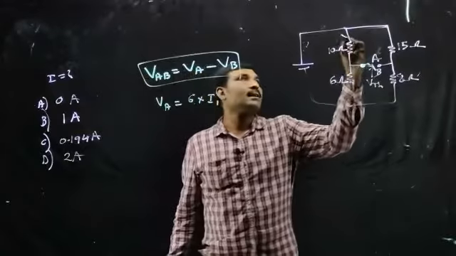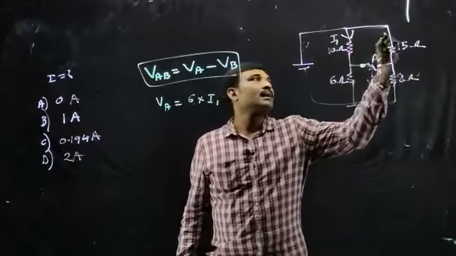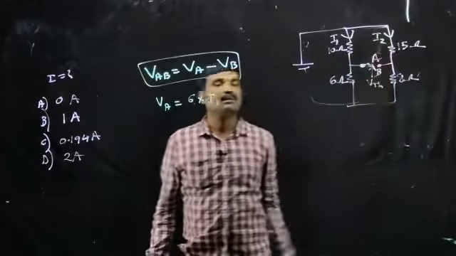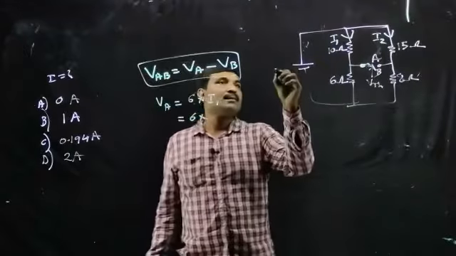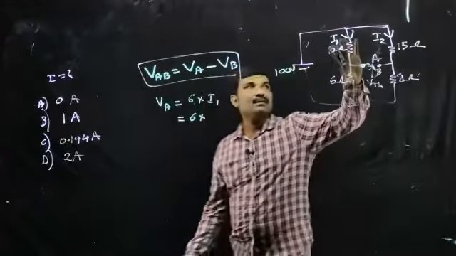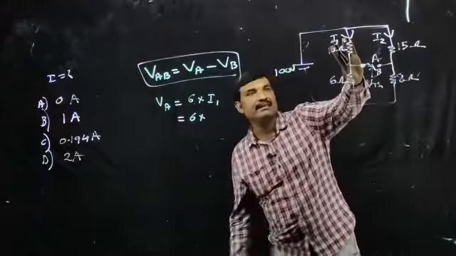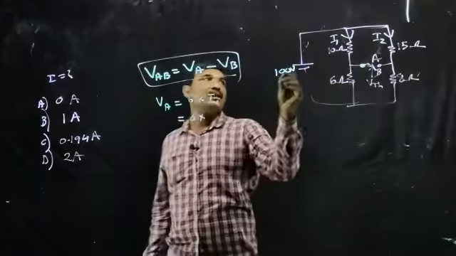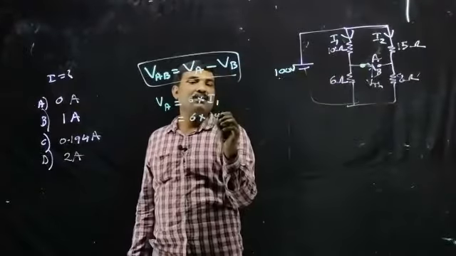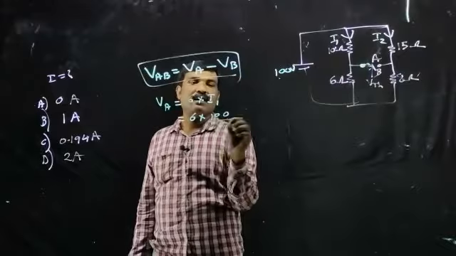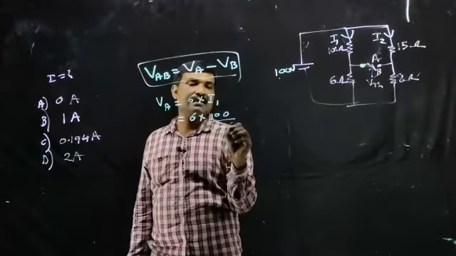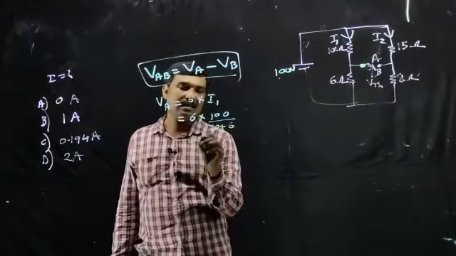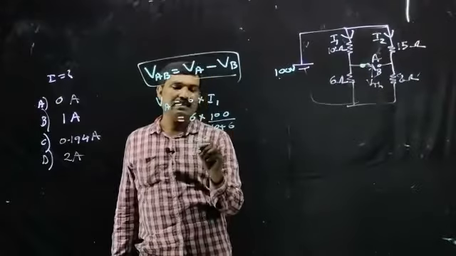Let I1 be the current flowing through this branch, and I2 the current flowing through the other branch. I1 is 100 divided by 10 plus 6, that is 16. So VA is equal to 600 divided by 16.